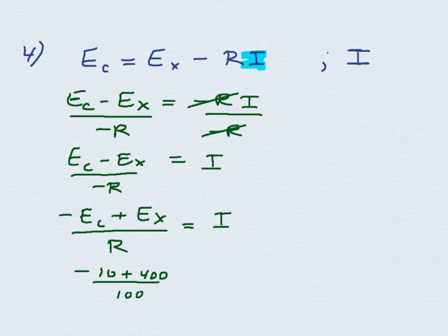So you're going to have an answer of 400 or 440. Let me double check. That seems off. 440. So you're going to get 440, take away 10, so 430 over 100. You're going to get 4.3, and the value for I is an amp.